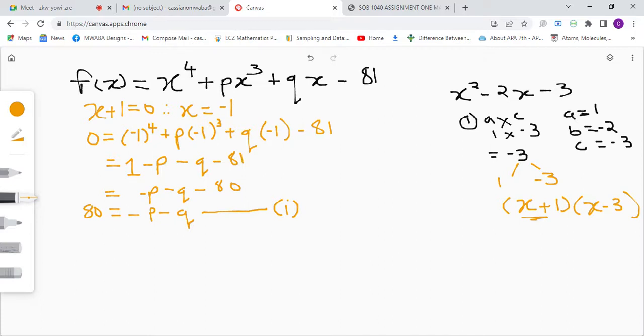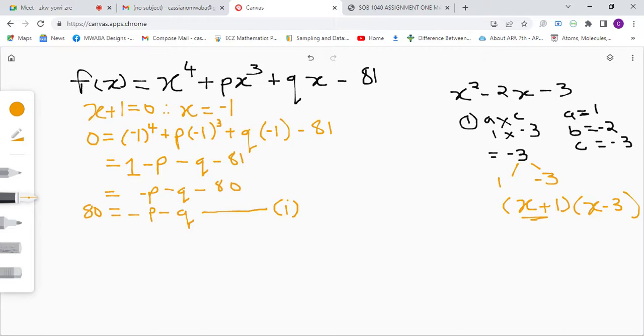The other way is you can actually regroup them. You get 1 and minus 81, then you leave that minus p minus q.